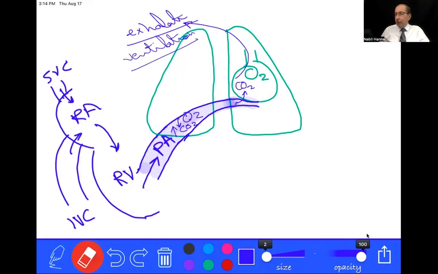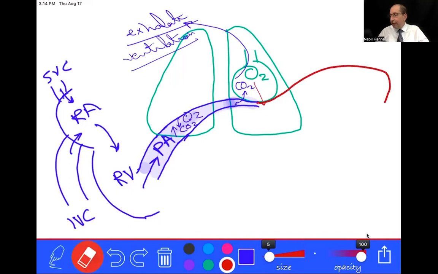And by the same token, oxygen will diffuse from the alveoli to the pulmonary capillaries. And therefore, the blood in the pulmonary capillaries will start to be red and oxygenated.